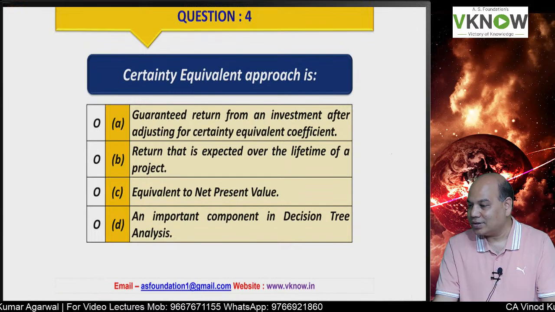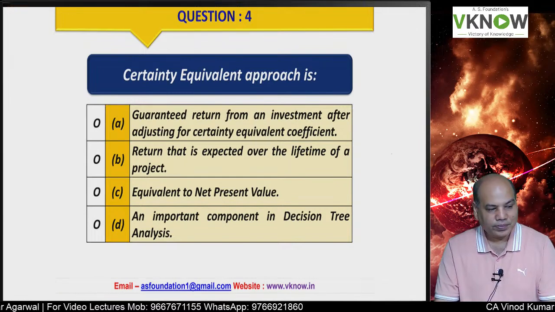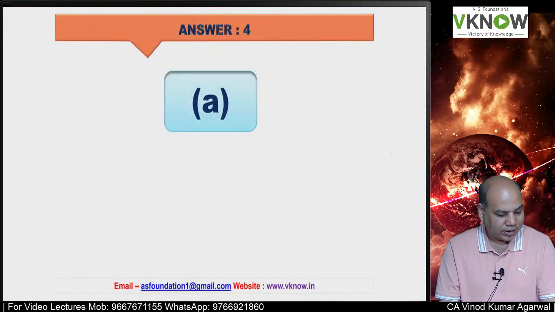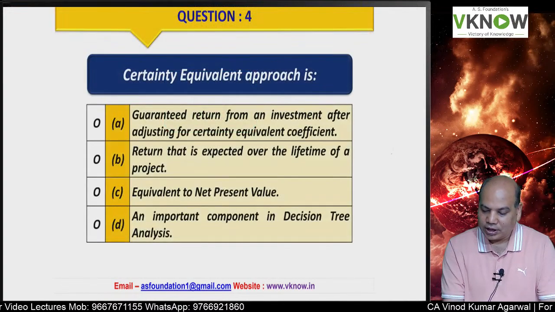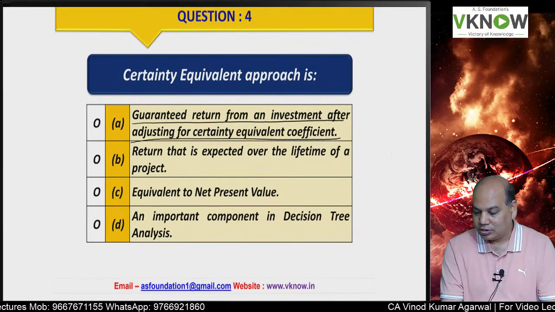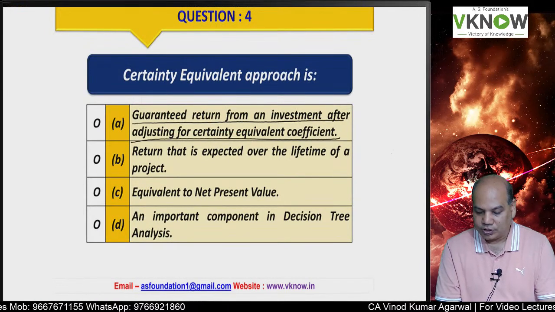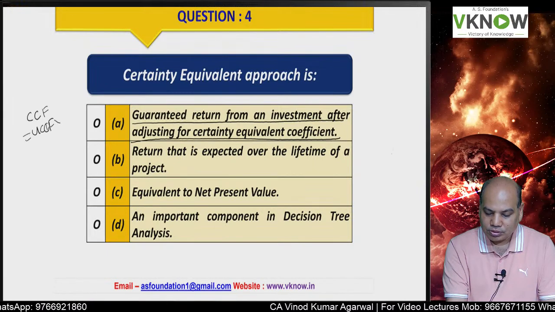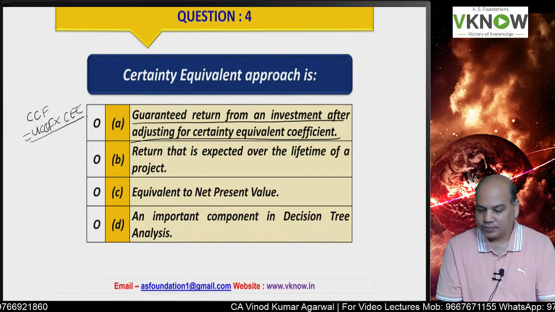What is the right answer? 4A, very good. 4A is the right answer. 4A, guaranteed return from an investment after adjusting for certainty equivalent coefficient. So the formula for this is certain cash flow equal to uncertain cash flow into certainty equivalent coefficient.